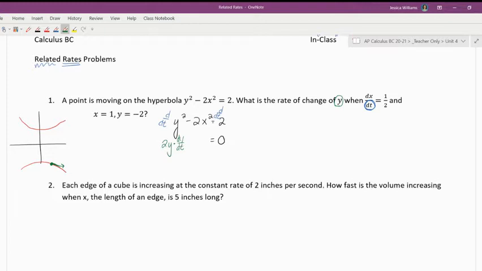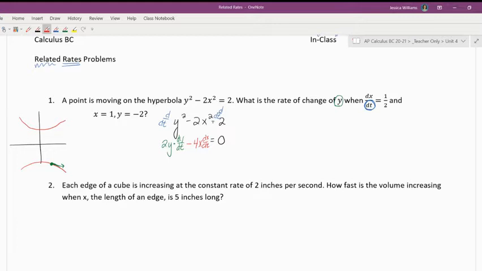That's chain rule. But I have to do the same thing here, so this will be minus 4x dx/dt. That was implicit differentiation with 2 chains. The reason we have to do those chain rules is because x and y are both functions of time. X and y are both changing over time. All right, that's the new part of this.